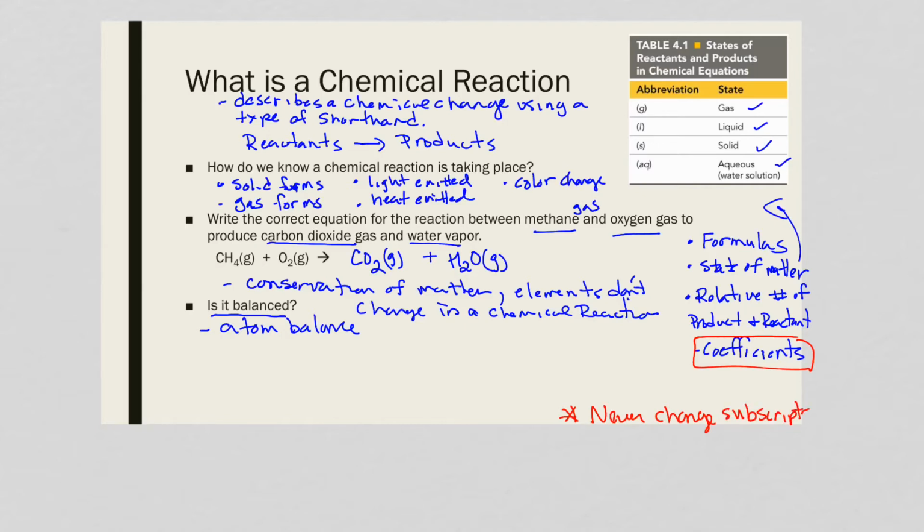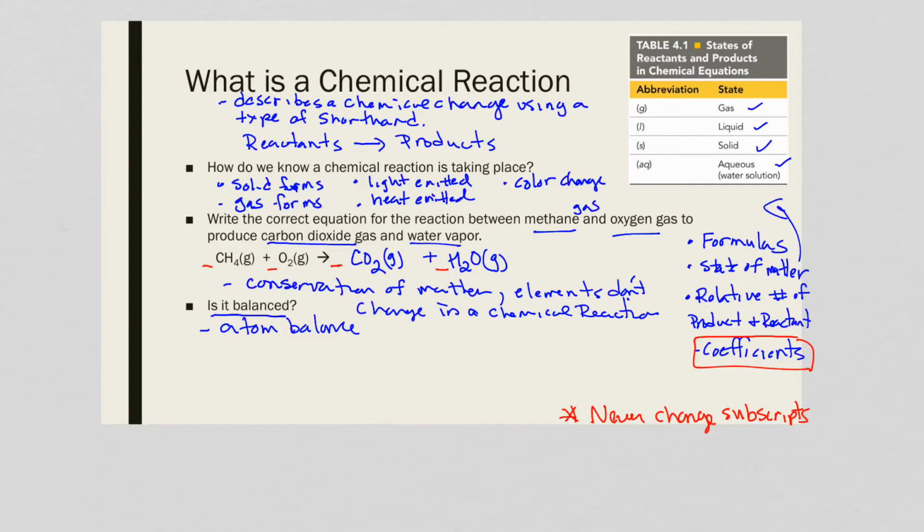So in other words, when we've written this out and we have, say, CO2 or CH4, we never change the formula in an effort to balance. So we never change this to CH5 to make it work, or CH3. The only thing we ever change are the coefficients. These are numbers that we put in front of the reactants and products to show the relative number of reactants and products that we have.